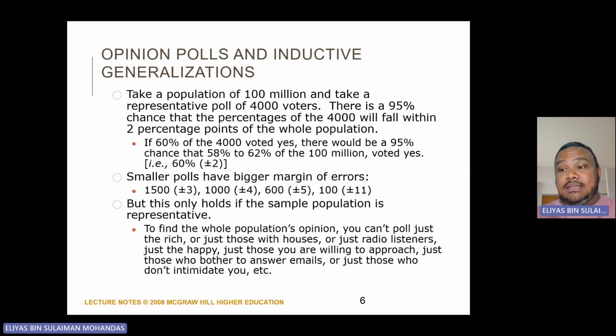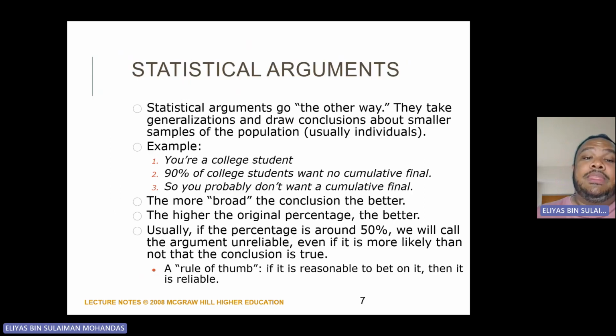That's where I need to get some of them to see whether they like me or not. So that is why your sample of population has to be representative. You have to be fair and square and try your very best to avoid bias.